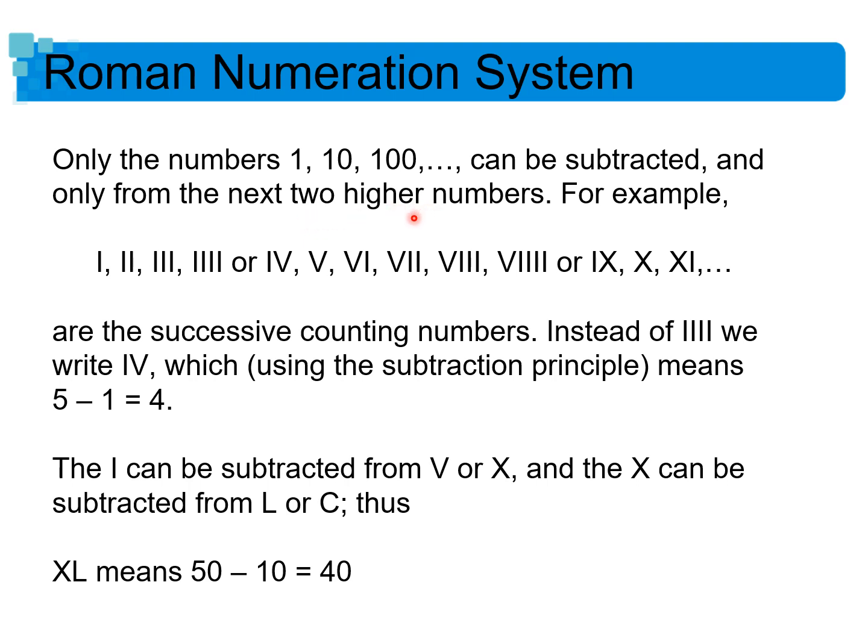So instead of writing 4 as four hash marks, we're going to write IV, and I'm sure that you've seen that before. In other words, XL means 50 minus 10, which is 40. We're going to look at how this plays out in some examples.